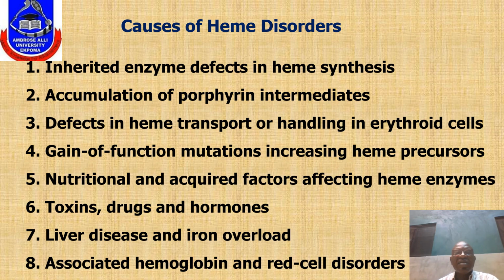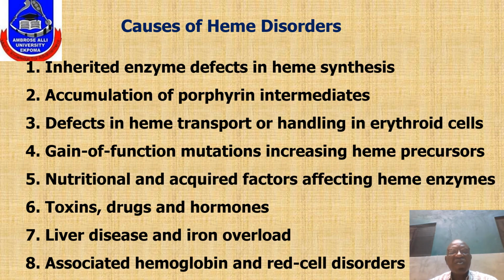Now, let's look at causes of heme disorders. Heme disorders may arise when there is a problem with making, using, or breaking down heme, usually due to enzyme or gene defects that disrupt the heme synthesis pathway. These problems could lead to deficient heme production and buildup of toxic intermediates that damage tissues.